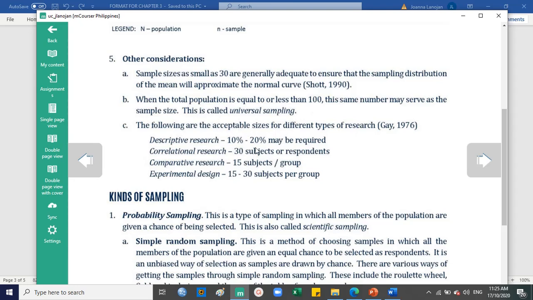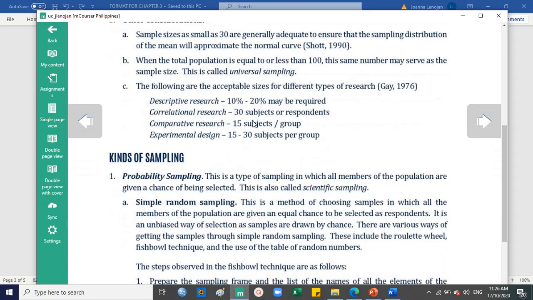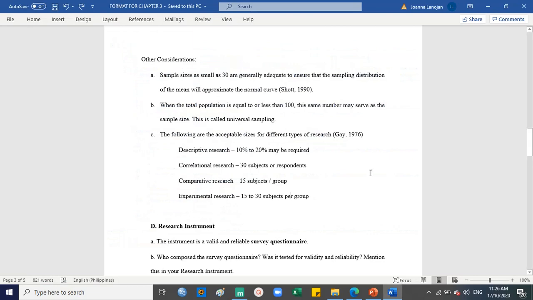And if your target is the credibility and accuracy of the results, so that it really represents the population, then go for 50 or 70 respondents. The more respondents you survey, the higher the chances of having accurate results that represent the population.